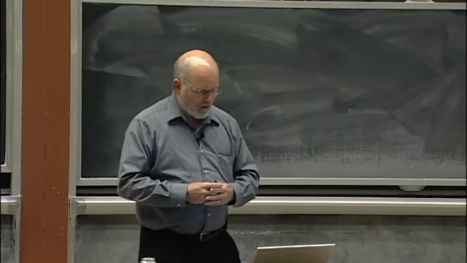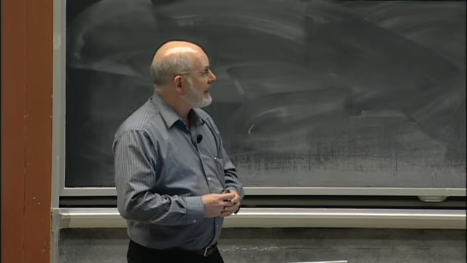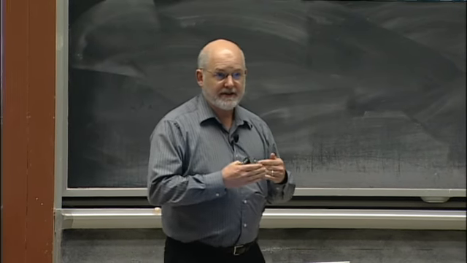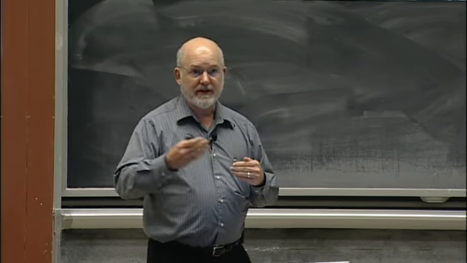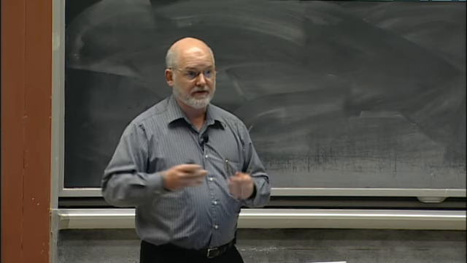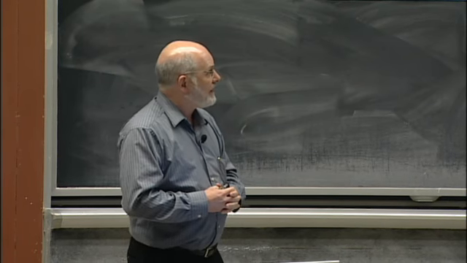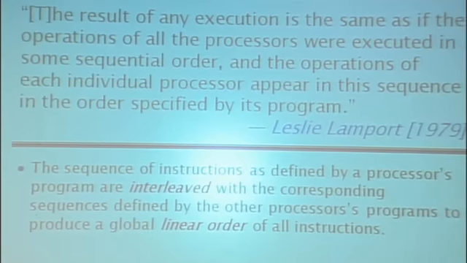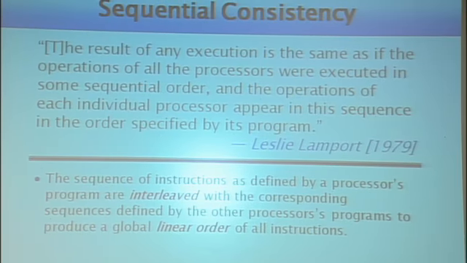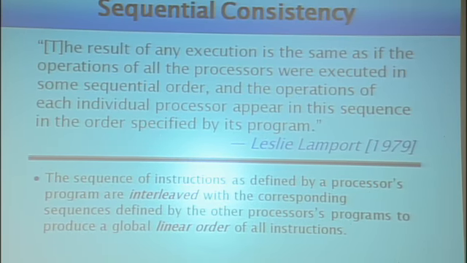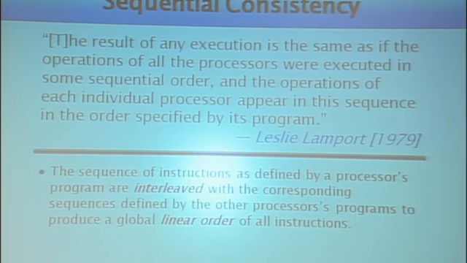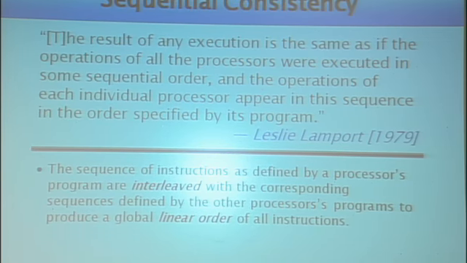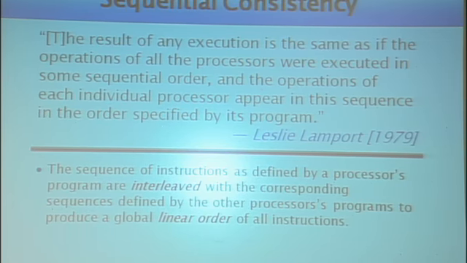It says that if I look at the processor's program and the sequence of operations issued by that processor's program, they're interleaved with the corresponding sequences defined by the other processors to produce a global linear order. So that's the first thing: there's a global linear order that consists of all of these processors' instructions being interleaved.